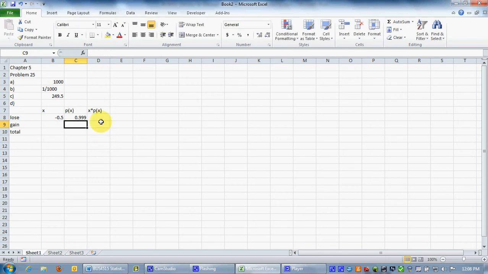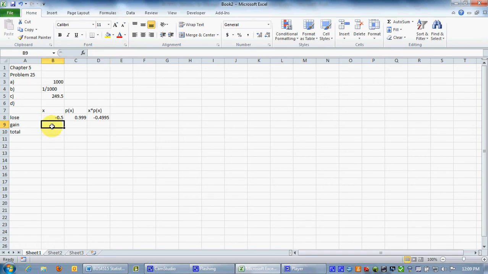And then we're going to multiply the odds of losing the bet times the amount of the bet. So we're just going to do an equal sign. We're going to select that cell, hit the multiplication sign, then select that cell. So we're going to multiply those two cells together. And there we have it.